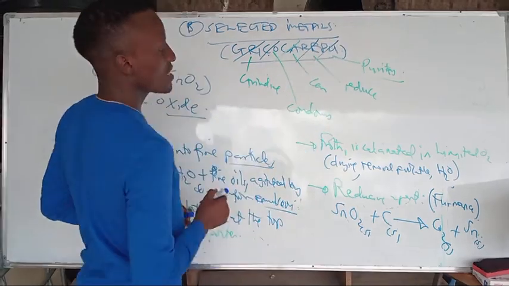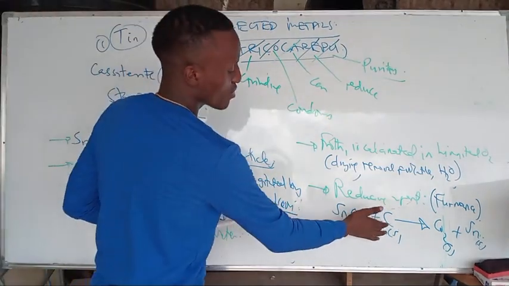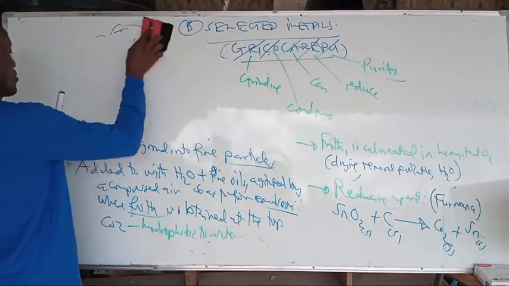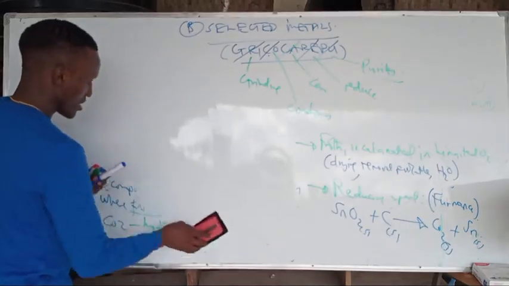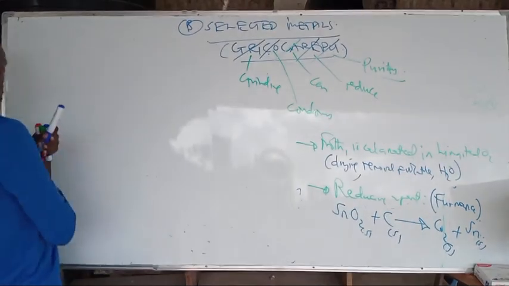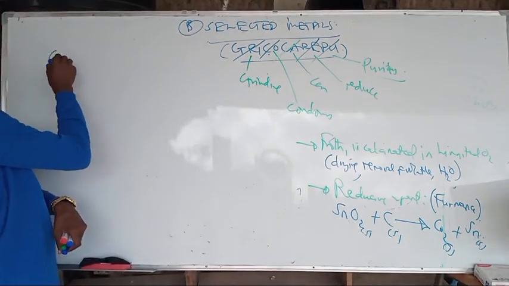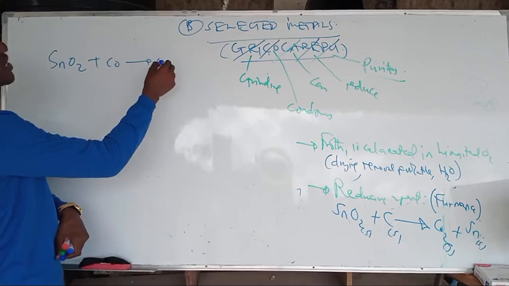The fifth is the purification process. For example, if somebody uses carbon monoxide instead of carbon here for tin, the stannic oxide reacts with carbon monoxide to form carbon dioxide and tin. What happens here is that it goes directly to form the carbon dioxide.